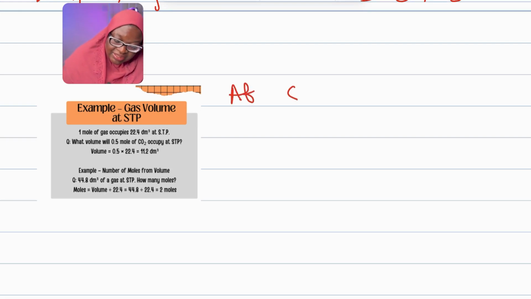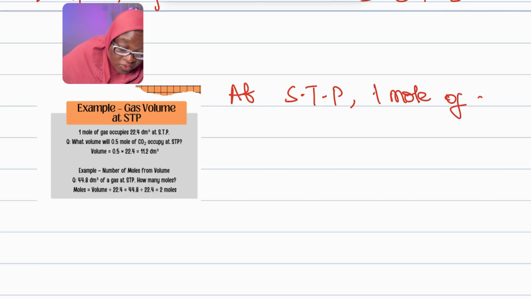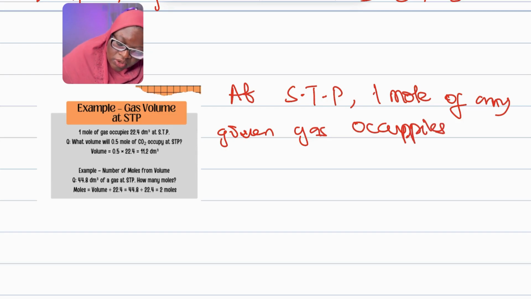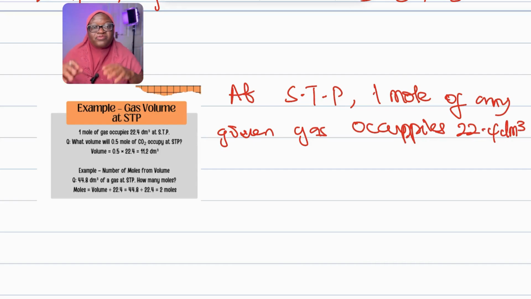So at standard temperature and pressure, at STP, 1 mole, that's very important, of any given gas occupies 22.4 dm cube of volume. So the volume of 1 mole of any given gas at STP is 22.4 dm cube.